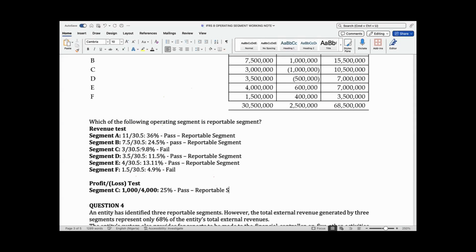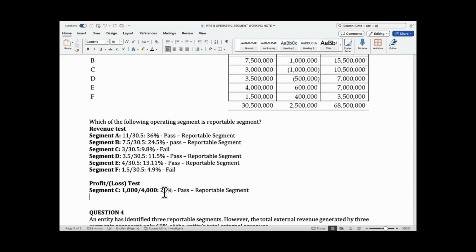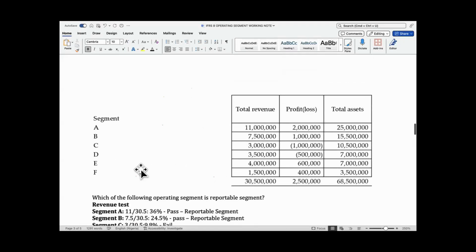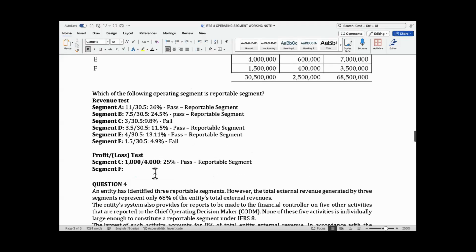Reportable segments. Now, segment F. Segment F has 400,000. It has 400,000 as its own profit. So we have already established the greater to be this 4 million. I think this is exactly 10%.